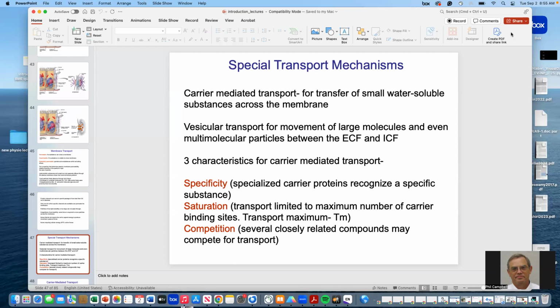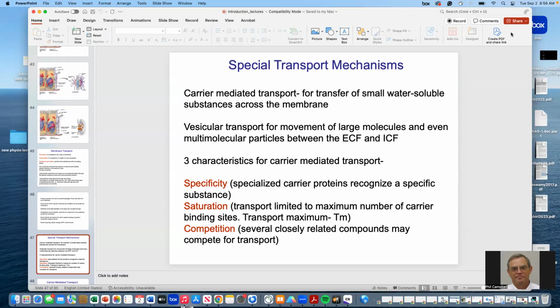And regardless of what's being transported, there are a set of rules that go across everything. So the first one is specificity, is that you have these carrier or transport proteins. They are specific for transporting a specific molecule.